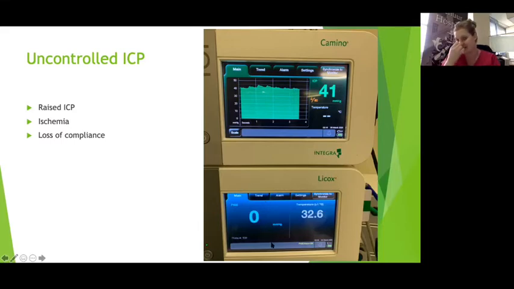The LICOX monitor at the probe where it's inserted is not reading anything in terms of oxygen at the probe, and often this is not wrong, the probe is not broken, but you can imagine if you don't have adequate cerebral blood flow through the brain, it is going to cool down. So this temperature of 32.6 is actually the brain temperature, not the core body temperature, and you would see there's quite a marked discrepancy between the core body temperature probe and the temperature being measured through the LICOX monitor in the brain.